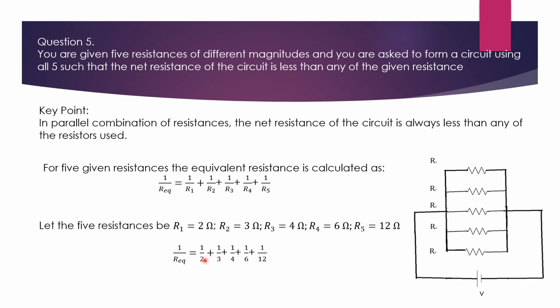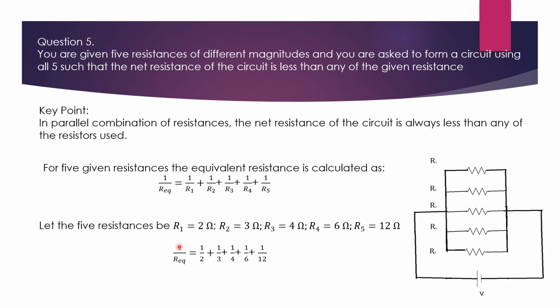I have chosen this maximum resistance of 12 ohm such that I have this 12 ohm and then 4 other resistances such that all these are factors of 12. 2 is a factor of 12, 3 is a factor of 12, 4 is a factor of 12, and 6 is also a factor of 12. That means 12 is the least common multiple, LCM, of all these 4 resistors below it.